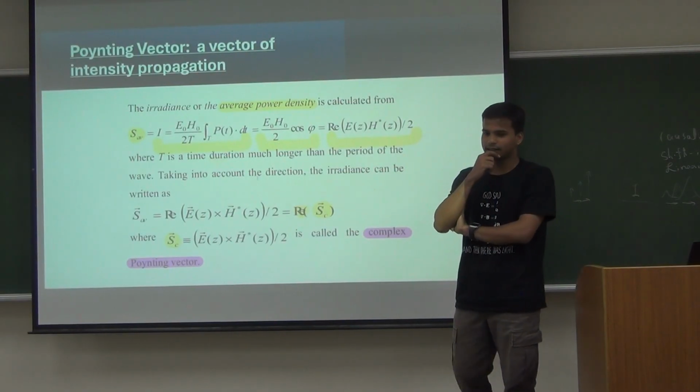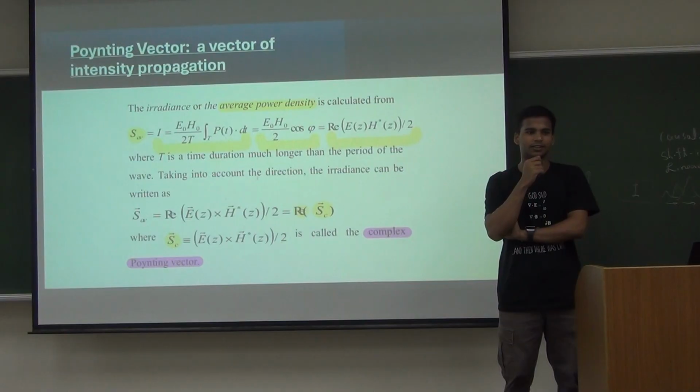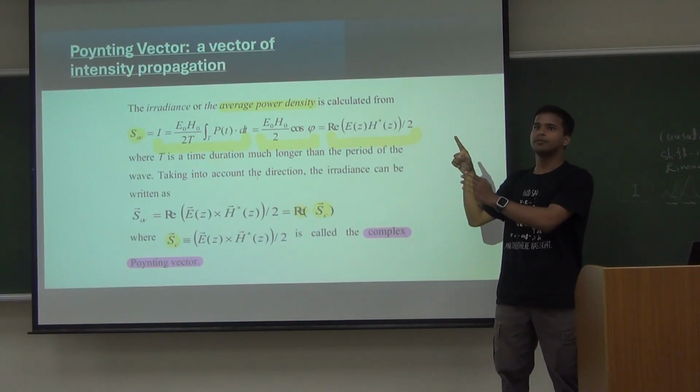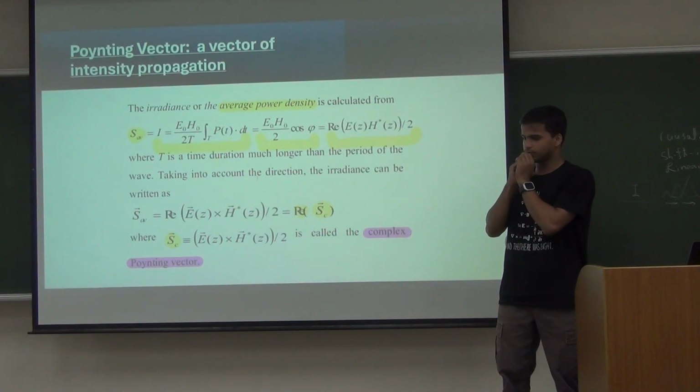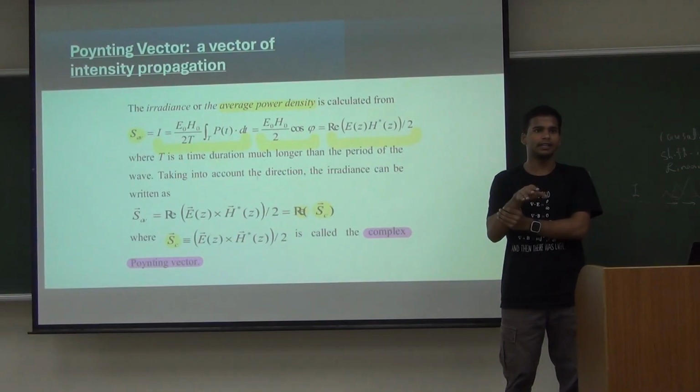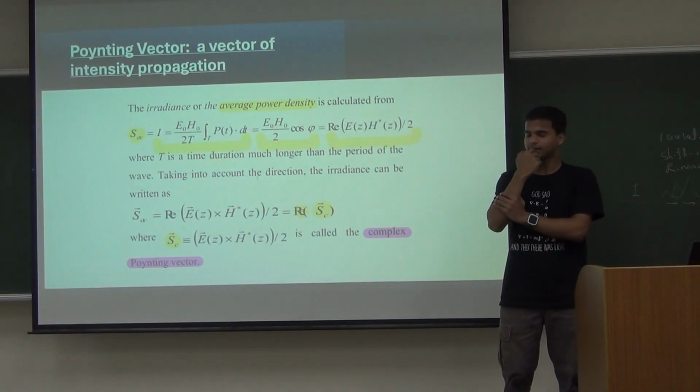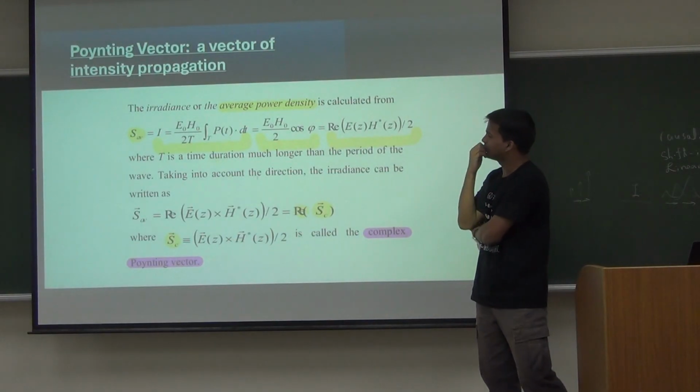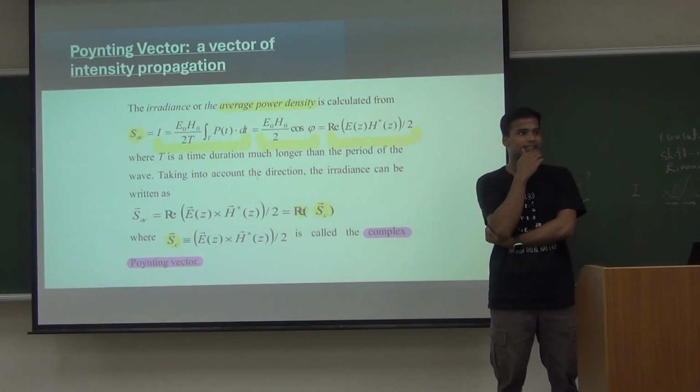To calculate the average, we should integrate it over one time period. Oh, I think if we do the integration over 2 time periods, then we must divide the expression by 2T.